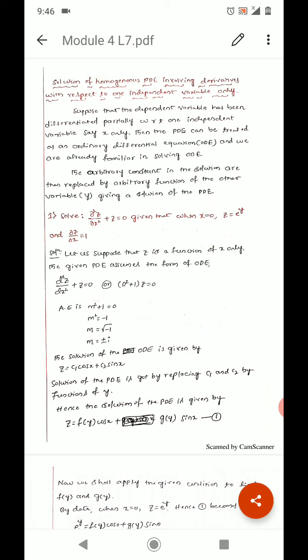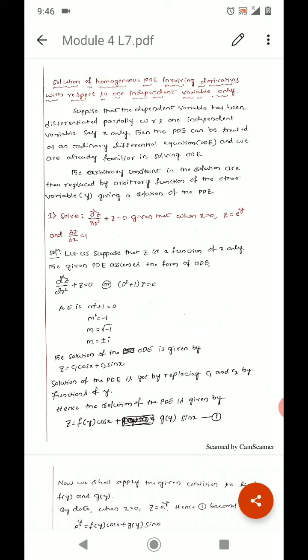And we already know how to solve the ordinary differential equation. Later we have to replace the arbitrary constants by arbitrary functions of the other variable, that is y, which will give the required solution of the partial differential equation.